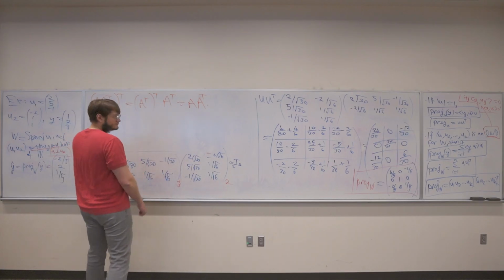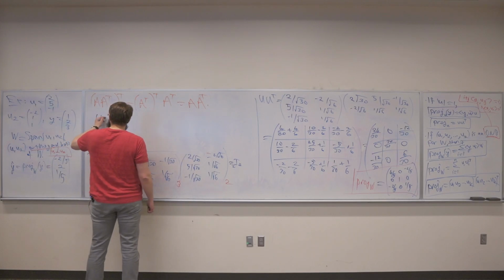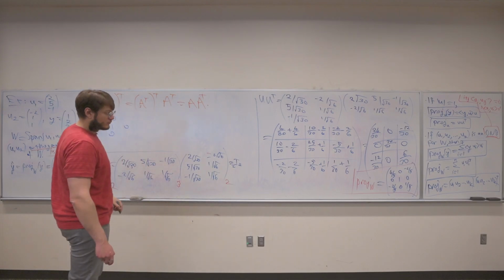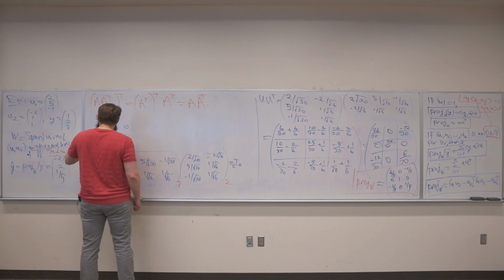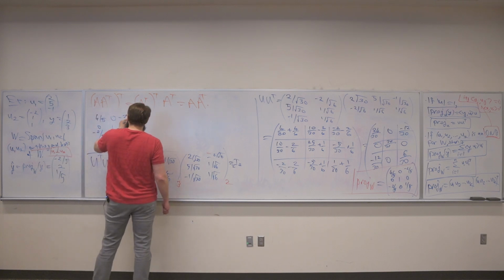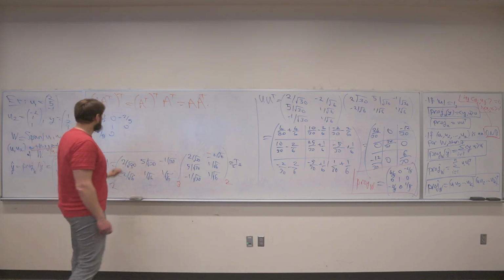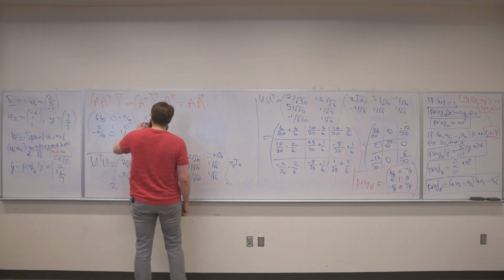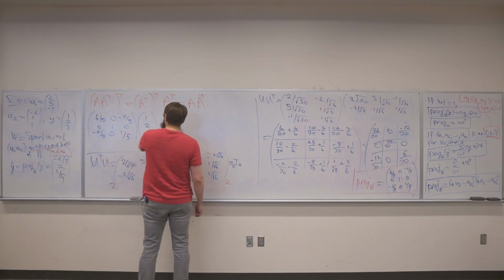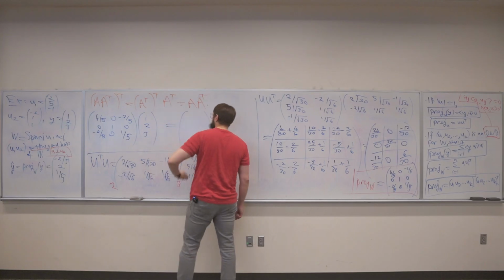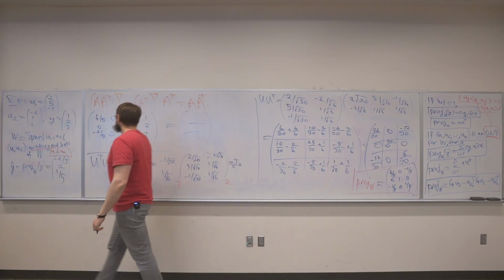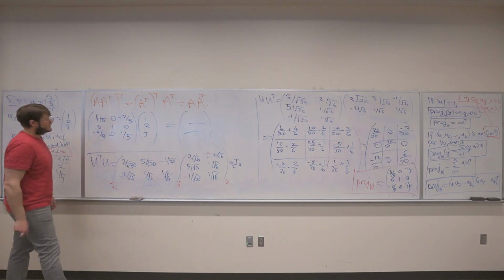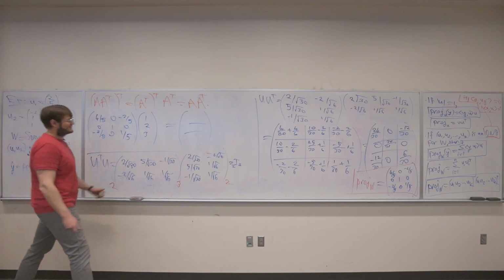So four over 5 minus 6 over 5. Okay, it's going good.